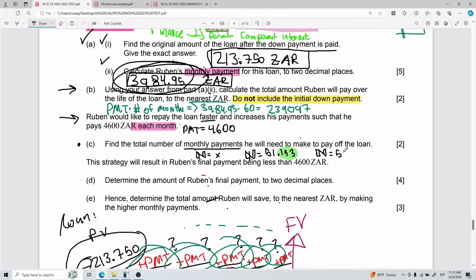What's the intuition of this? Let's go back to the example of I owe you $10 and I pay $1 per month. Imagine that I increase my payment to $1.50. And imagine that on the last month, I owe you 50 cents. Even though I am paying you $1.50 per week, the last month I owe you $0.50.